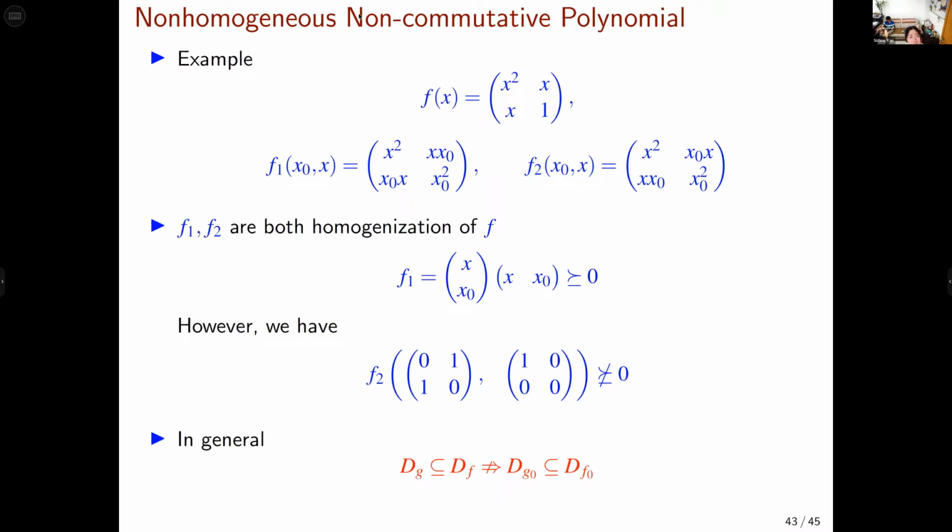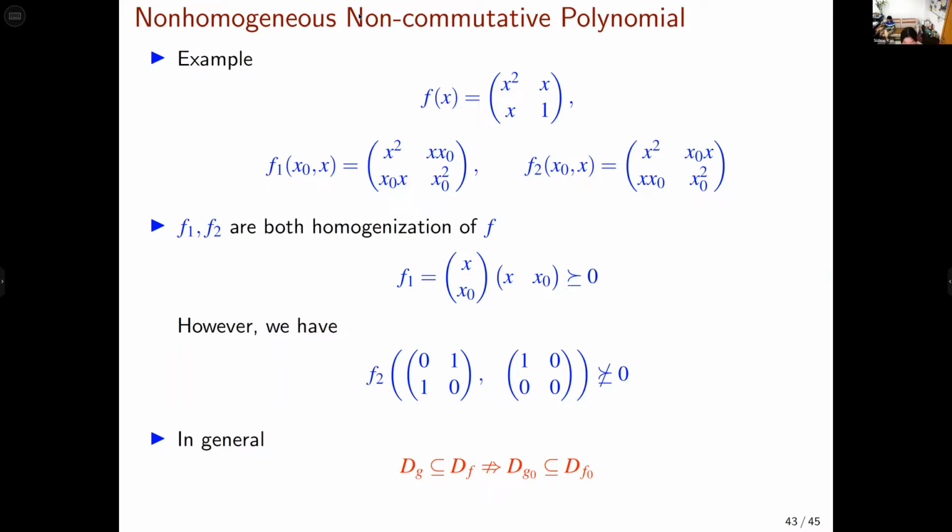There is an example. F is a general polynomial, and F1 and F2 are both its homogenizations. And we can see F1 is positive semi-definite, but F2 is not.